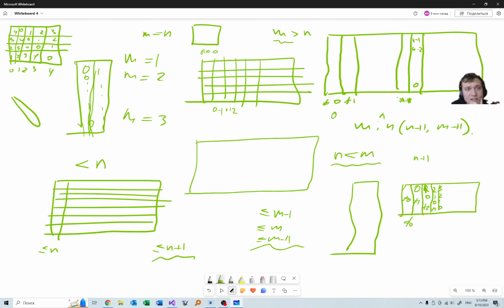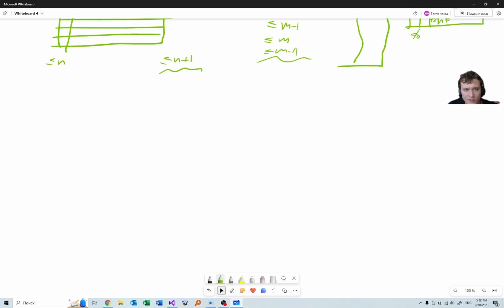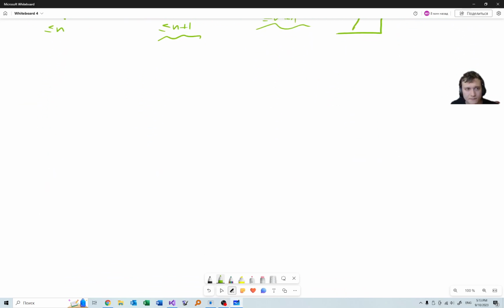So in case when m equals n, I need to do something else. And also I need something for a case m less than n. If m equals n, I have a square matrix.